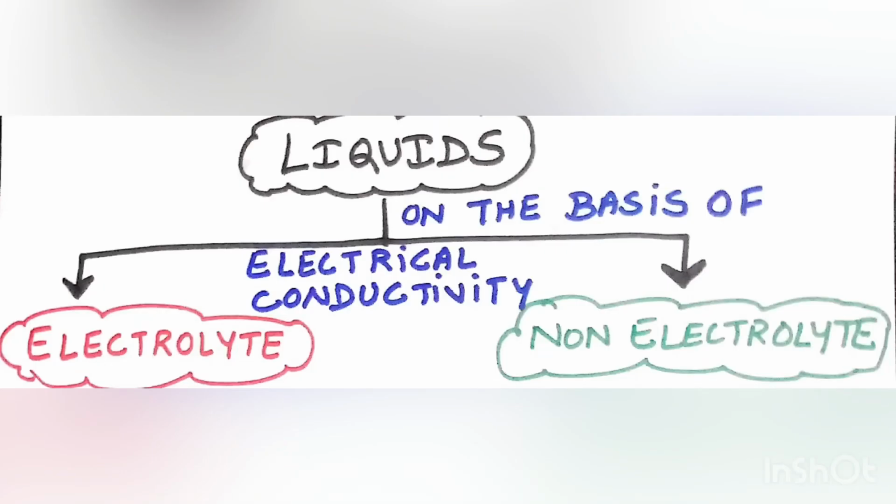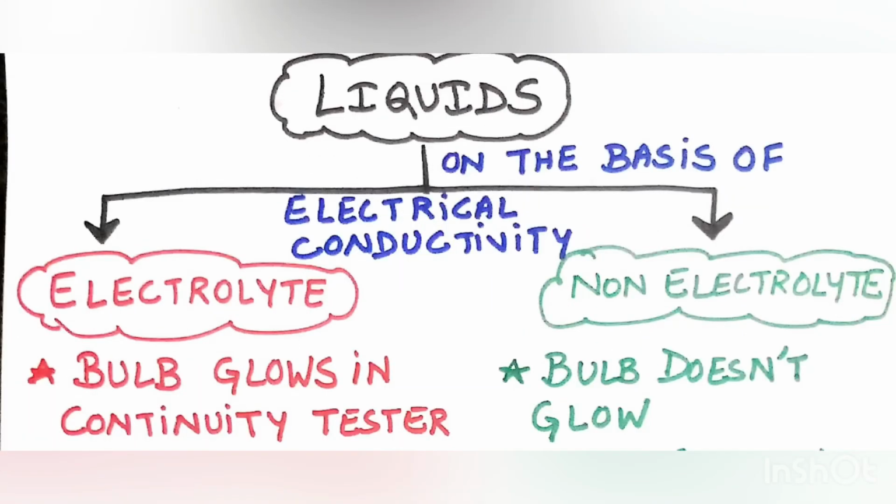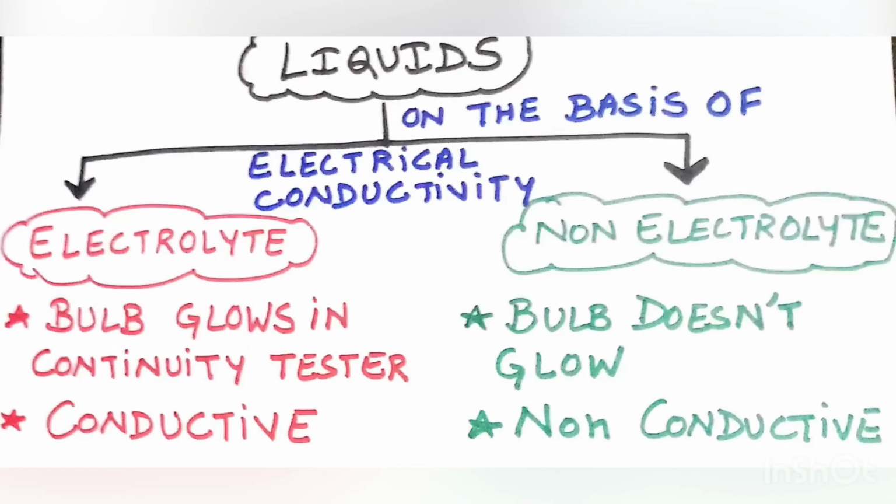In electrolytes, we found that the bulb was glowing in the continuity tester, whereas in the non-electrolytes, the bulb was not glowing. Electrolytes are conductive. Non-electrolytes are non-conductive liquids.